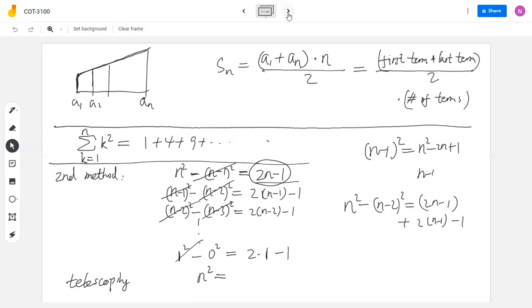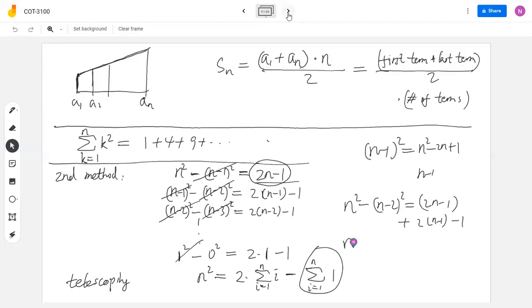So what we get is 2 times the summation i equals 1 to n of i, and then minus the summation i equals 1 to n of 1. But this one we know how to do, right? The summation of 1 just counts how many terms we have.